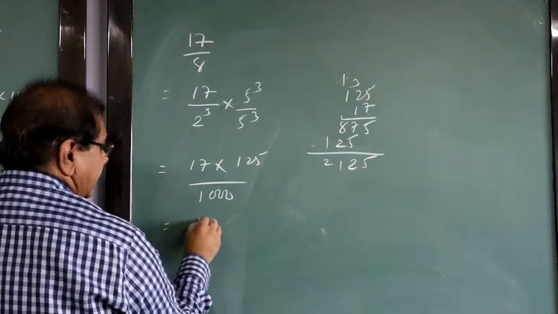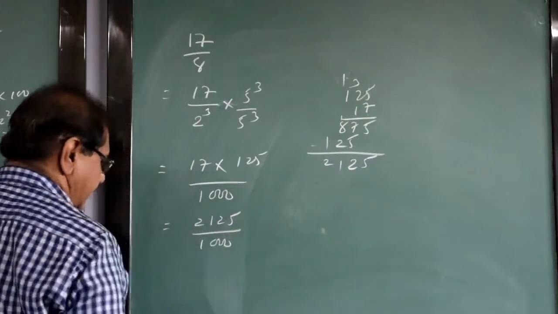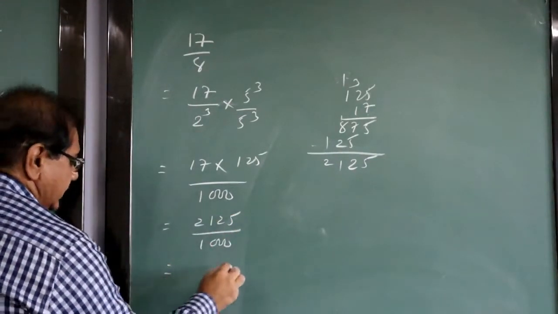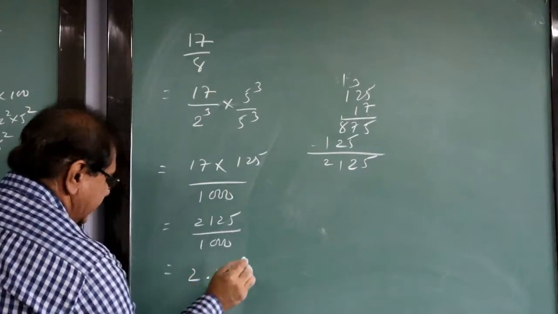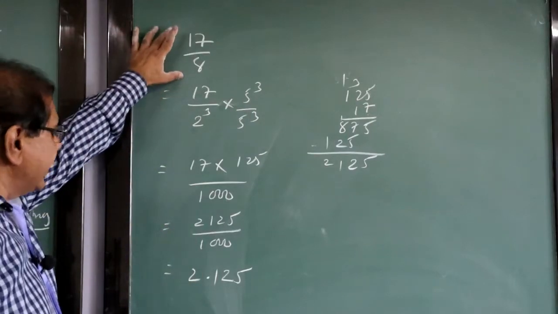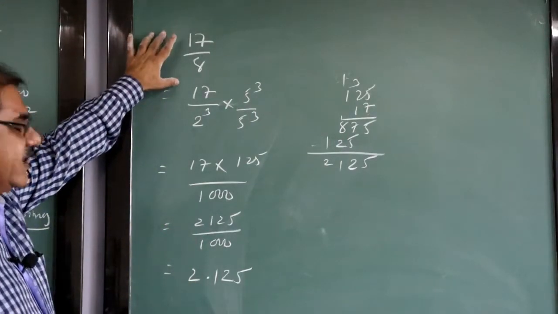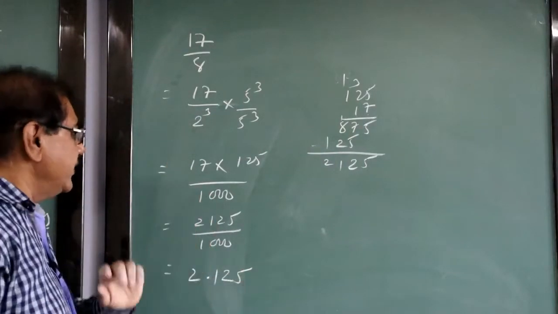So it is ultimately 2125 upon 1000. Now 3 zeros are there. So 1, 2, 3, decimal point and this. So this is how you can convert the simple fraction, checking that it can have a terminating decimal expansion. You can do it like this.